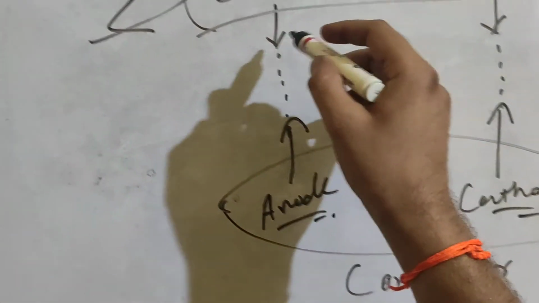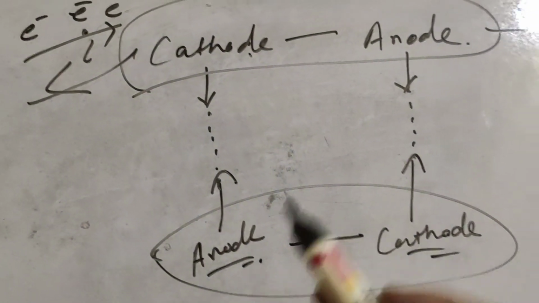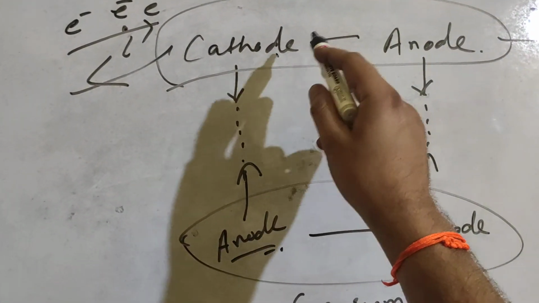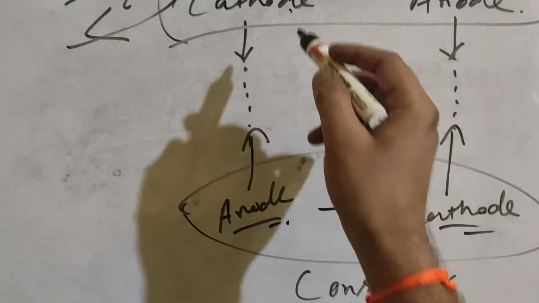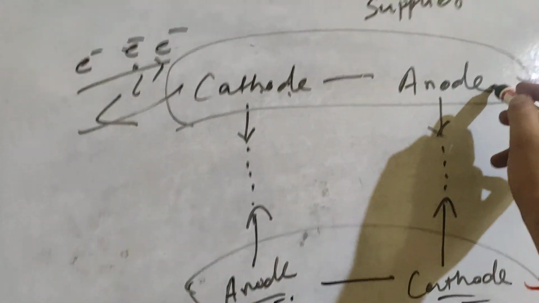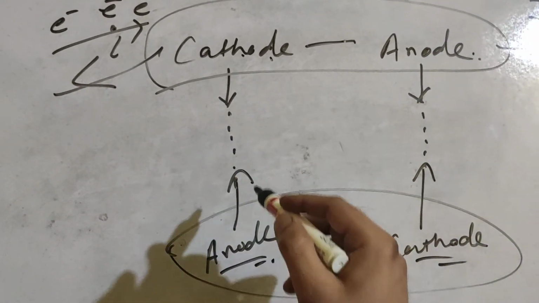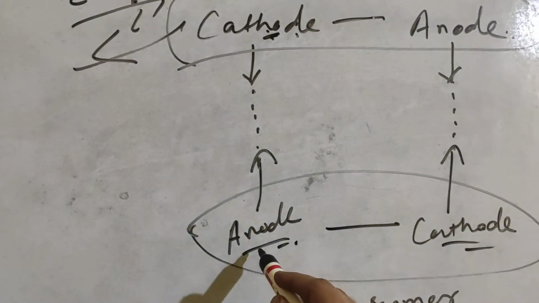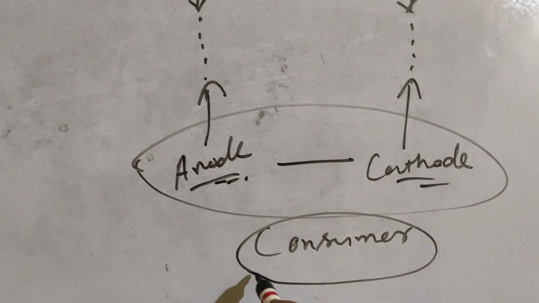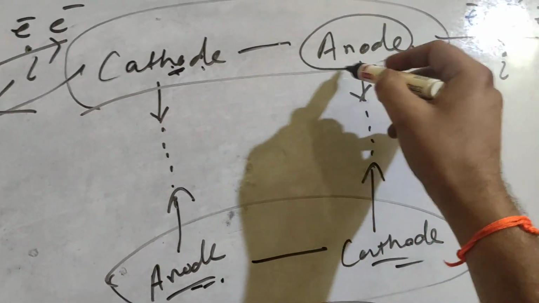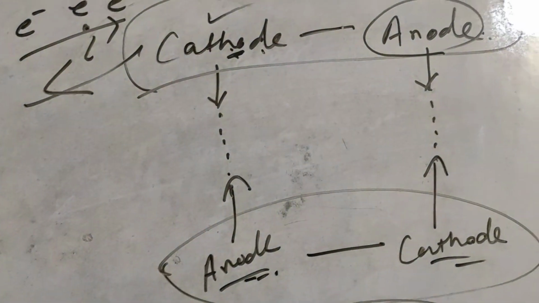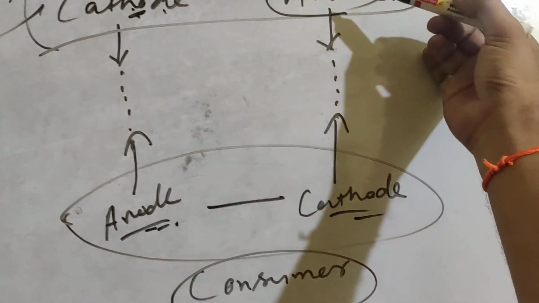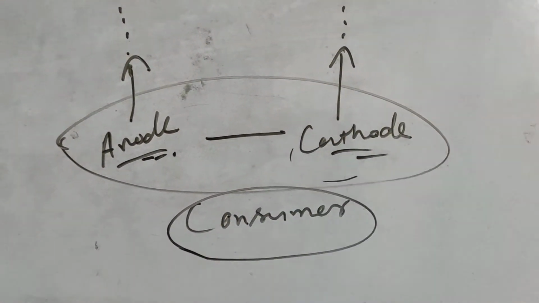Always remember this: every cathode must have only an anode nearby. You can't connect a cathode with a cathode. So this cathode is connected to an anode inside the supply circuit, and this cathode is connected with an anode of the consumer circuit. Similarly, the anode of the supply circuit is connected with the cathode of the supply circuit itself, but this anode is also connected with the cathode of the consumer circuit.